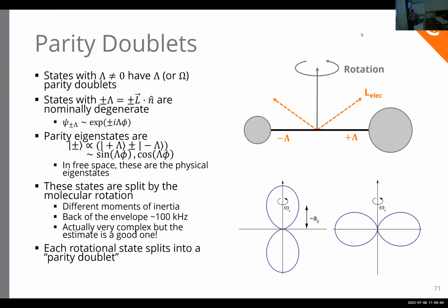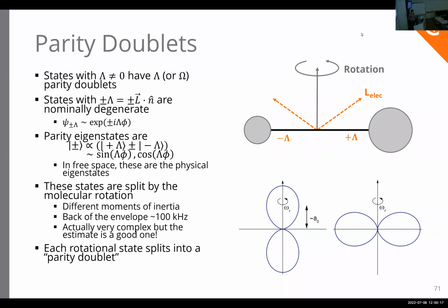Well, now if the molecule is rotating, these two states won't be degenerate anymore, because remember this is the angle looking down the internuclear axis, meaning that the molecule will rotate perpendicular, like say in this direction. These two different eigenstates have different moments of inertia. The electron cloud has a different shape in these two, and so when it starts rotating, the energy of rotation, due to the fact they have different moments of inertia, will be different.